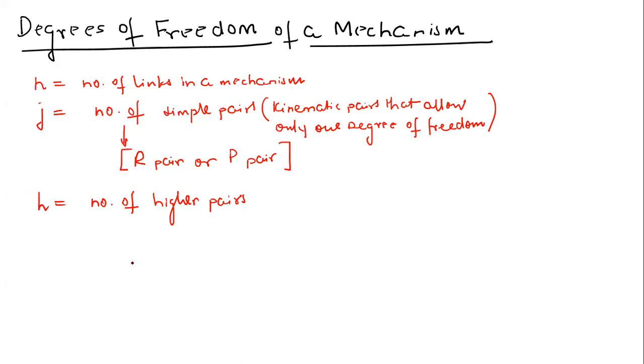Now let us assume, and also one more important thing, that whatever we are discussing is in context of a planar mechanism. That is, the points on the links of a mechanism are all moving either in a single plane or in parallel planes.